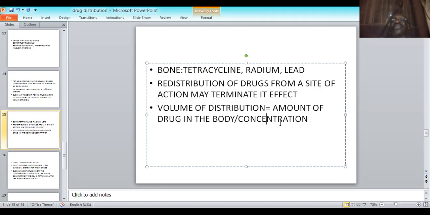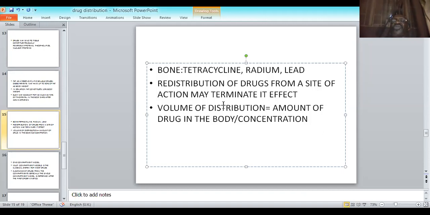And perchance, the concentration of drug in the body, or in plasma, is what you are able to increase or reduce. It will automatically affect the volume of distribution.